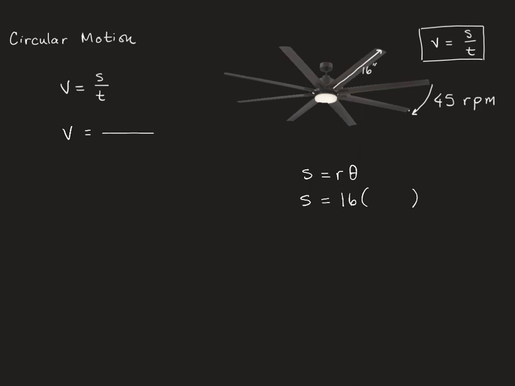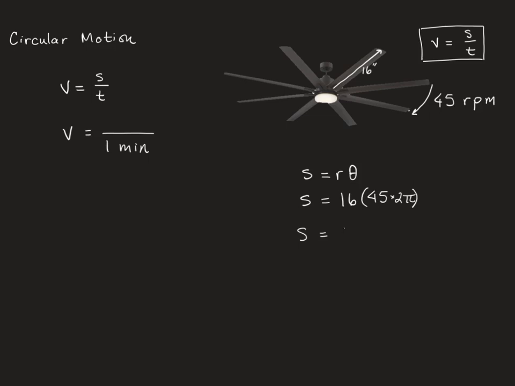So in the amount of time of 1 minute, we have 45 revolutions, each of which is a full cycle, 2 pi. So I can rewrite my s as 16 times 45 times 2 pi.